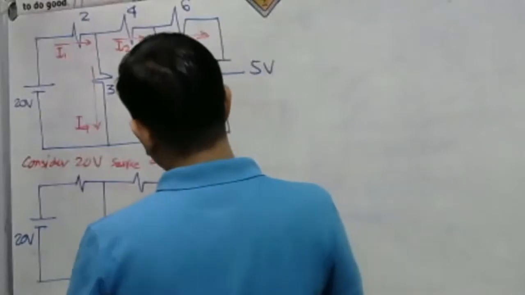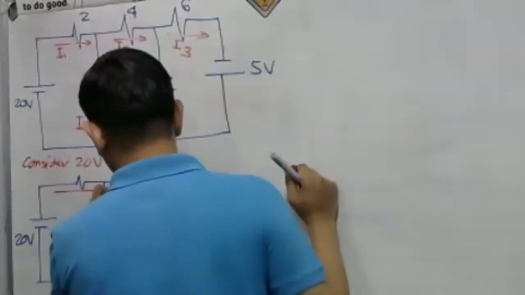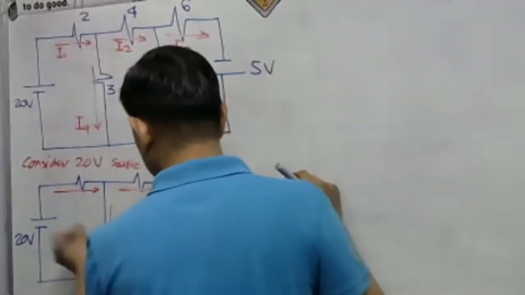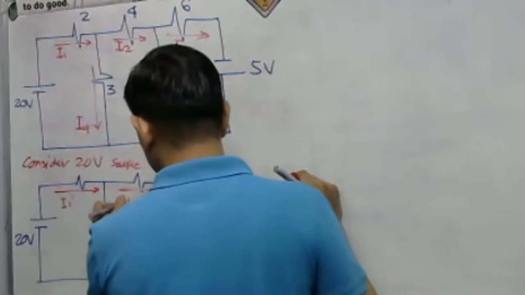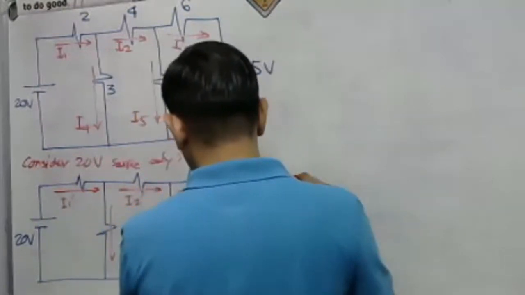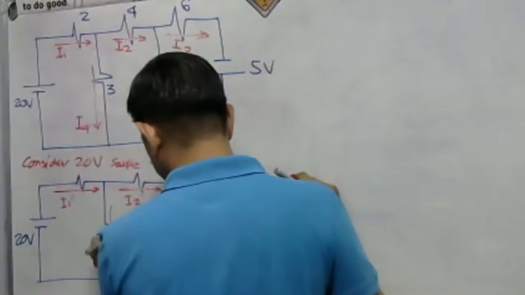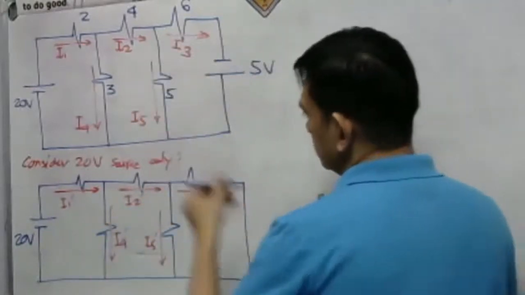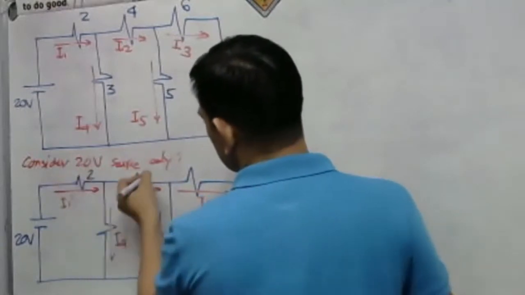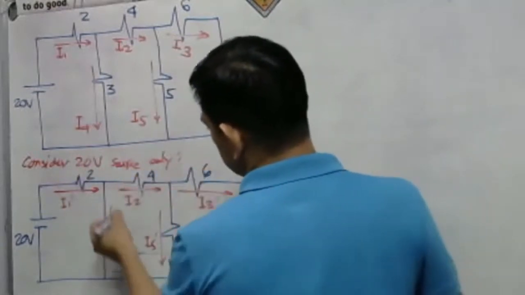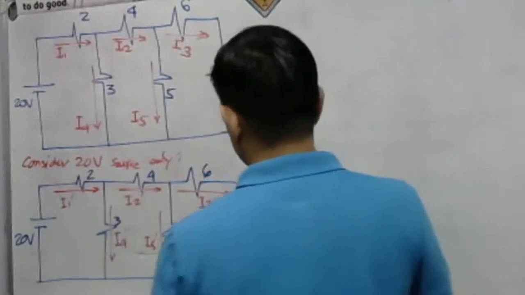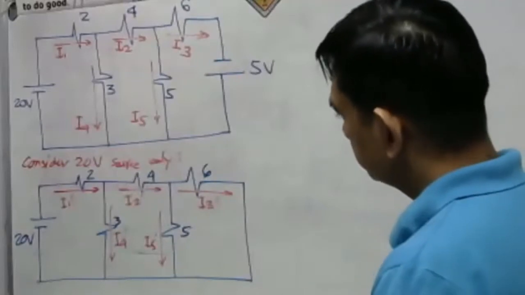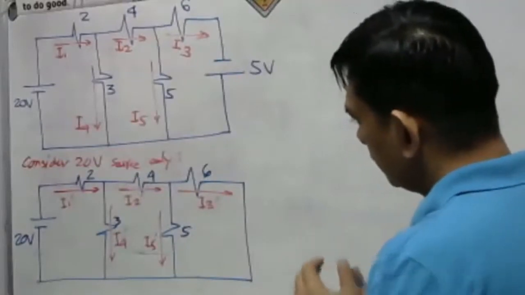So we have here the currents: I1 prime, I2 prime, I3 prime, I4 prime, and I5 prime. Let's put the ohmic values: 2, 4, 6. This is 3. This is 5. Take a look here, guys.